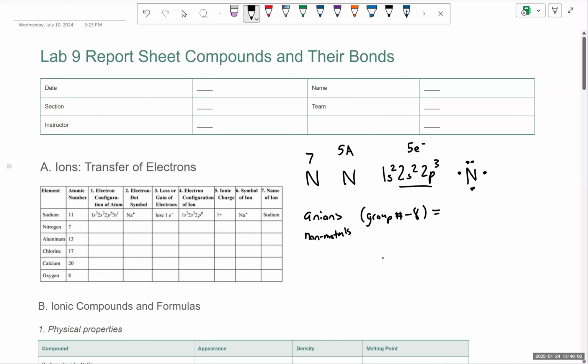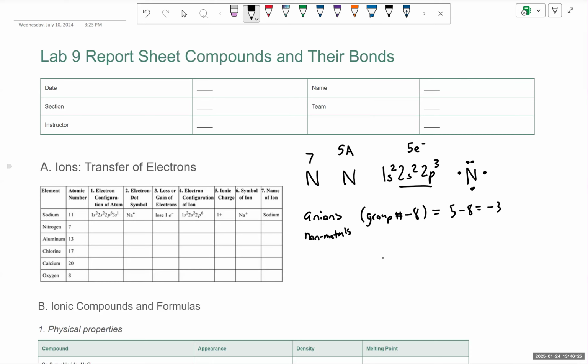This is because atoms prefer to gain or lose electrons to reach an octet or full outermost shell. So in this case, our group number is 5. We subtract out 8, and that gives us a preferred charge of -3.